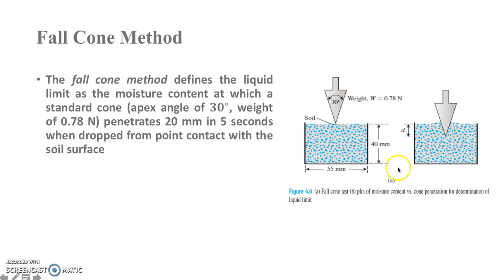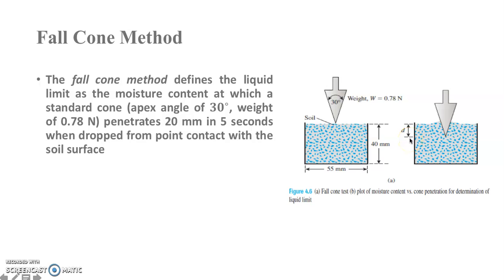You have to record. Then do another trial. Try to obtain the moisture content for that soil, and then you drop your cone and you measure the depth of penetration.